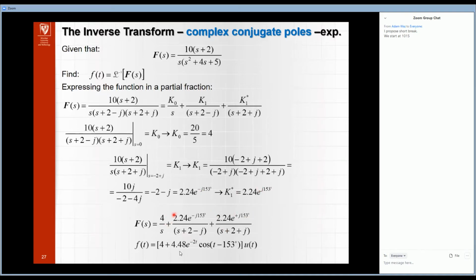Okay, and as a result, we obtain this function in the s domain, and in the time domain we change this separately.